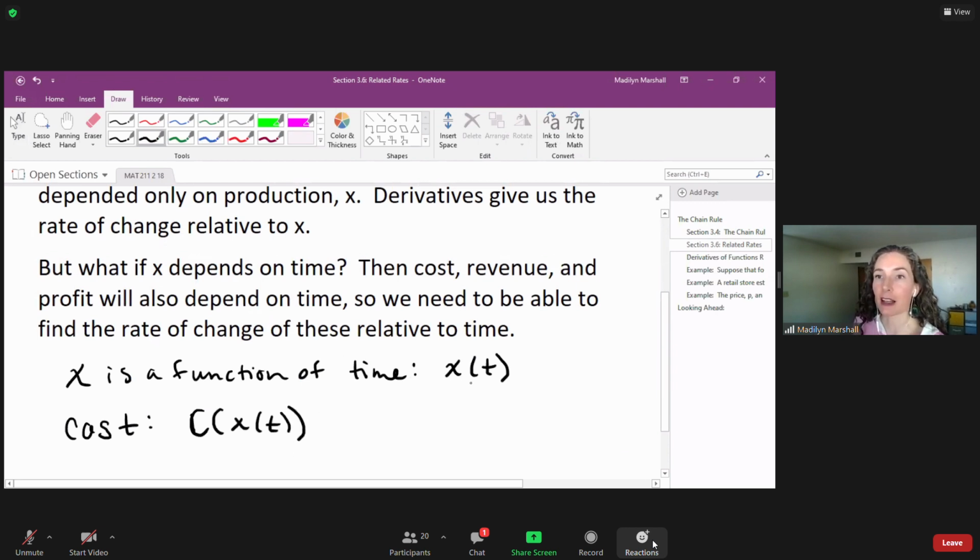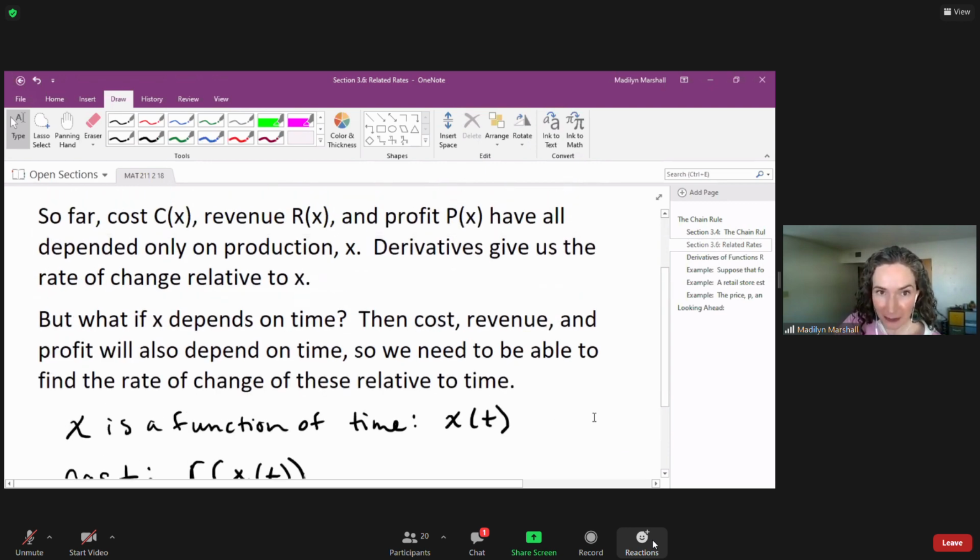Cost is depending on the number of units produced, which depends on time. So now cost also depends on time. So we're going to be looking at cost, revenue, and profit as composite functions now, where they depend on time in the end. So this is conceptually what we're doing.